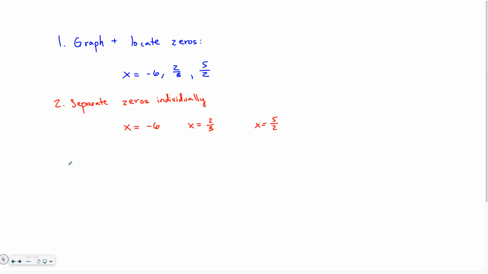Step 3, turn zeros into factors. But no fractions. It's very important you got this. No fractions. So that'll change how we solve.